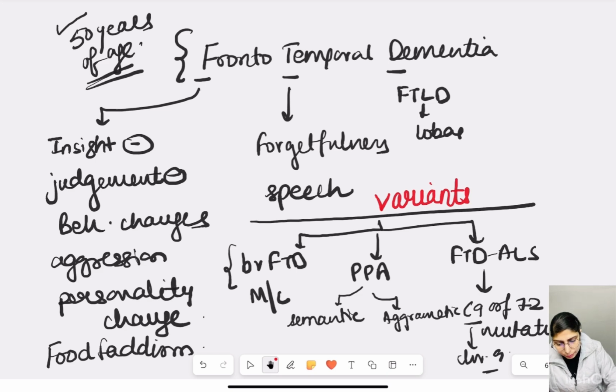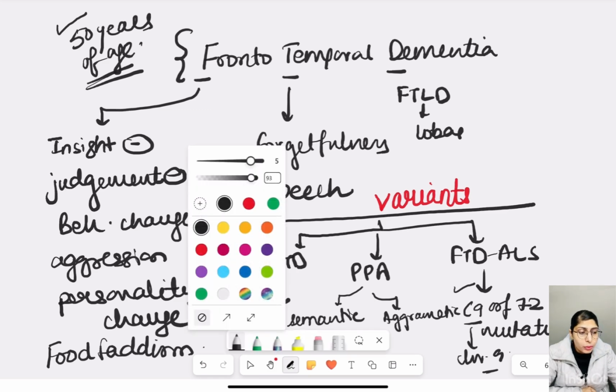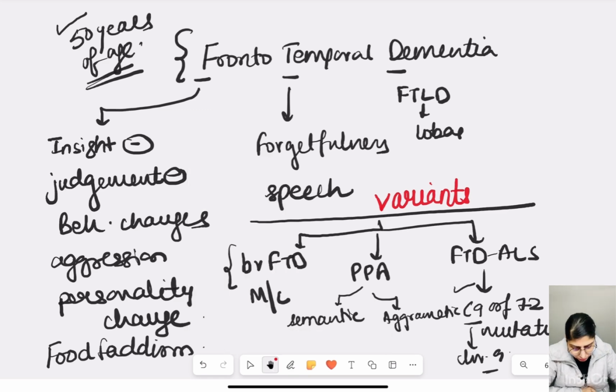Now, for your exam, you need to remember the age and you need to remember the gene for FTD-ALS. These are the two things you need to remember. But yes, try to remember everything else also in order to look at patients, and it will help you in your OPDs too. And also in your exam, you should have an idea about various dementias and how they present.